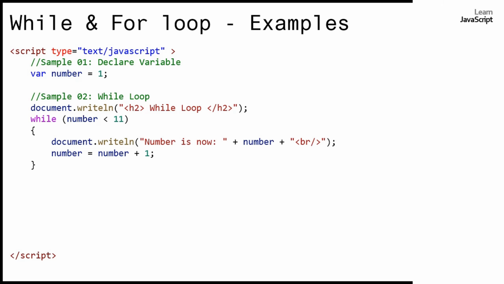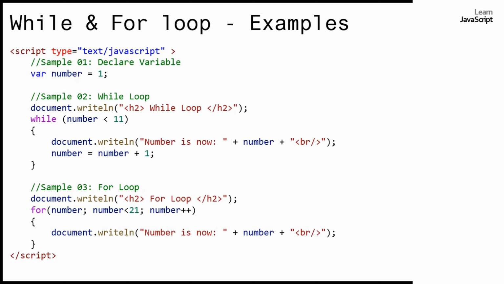Each time we increase the number, and at one stage the number will go more than 10. At that time the condition will fail and we will come out of the loop. So this is an example of a while loop.